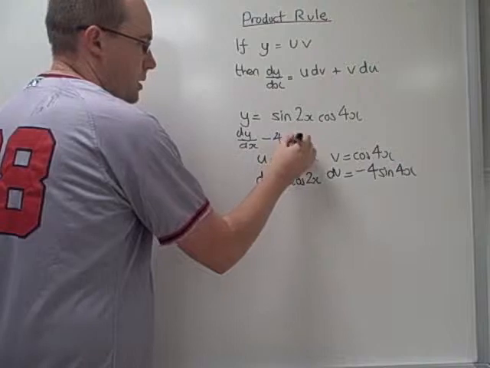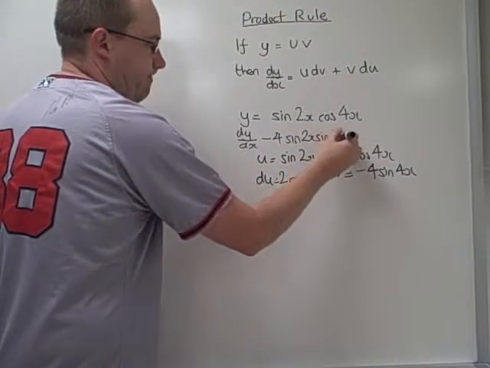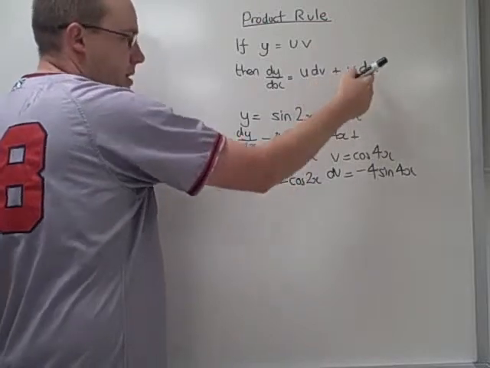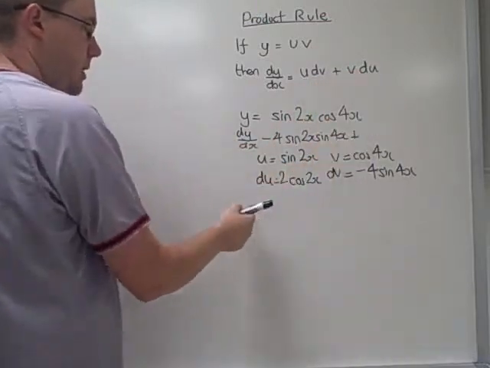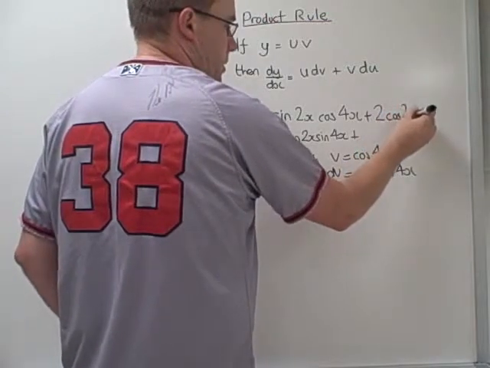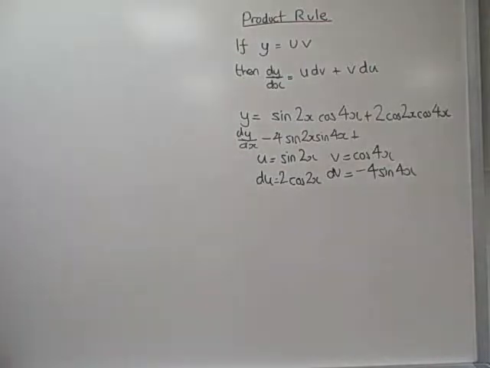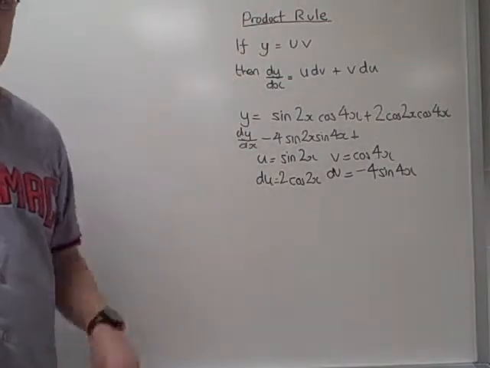So sine 2x sine 4x plus v du, which is these two things multiplied together. So 2 cosine 2x cosine 4x, and that's how we can differentiate products using the product rule.